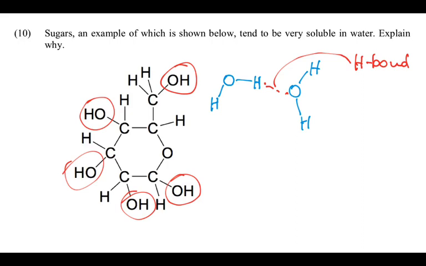And then the OH here can form a hydrogen bond. So you can have either the oxygen or the hydrogen of the sugar bind to a lone pair of the water, or you can have two hydrogen bonds. For example, you have another water here, where now the hydrogen of the water interacts with the lone pair of the oxygen. So you can make a lot of hydrogen bonds and really nicely embed this sugar in the water. That's why it's soluble in the water. So the answer is really hydrogen bonding.